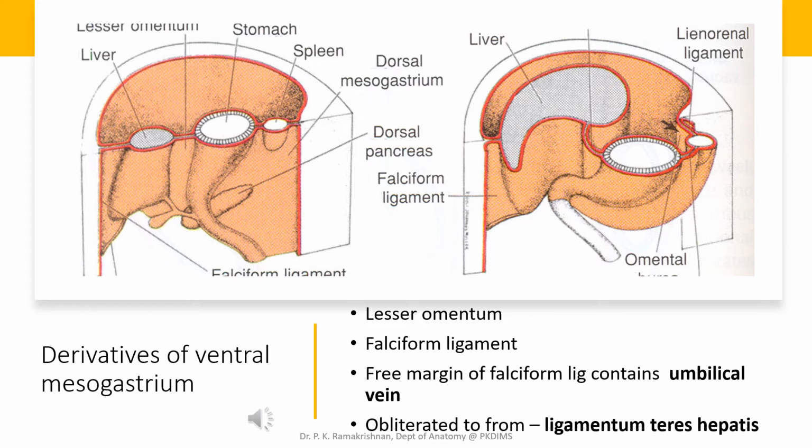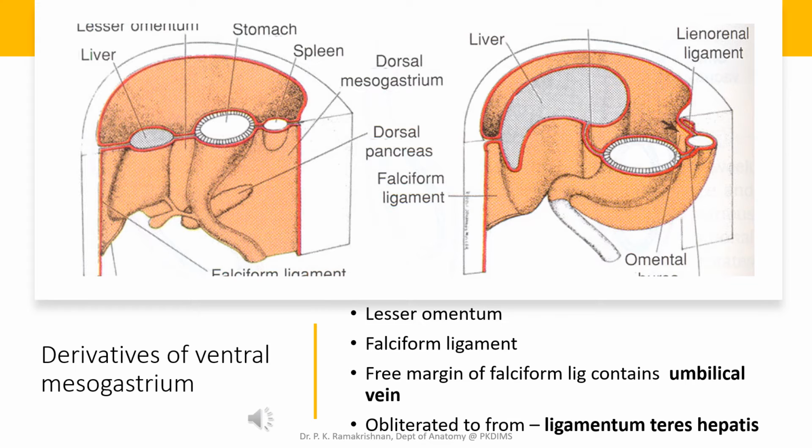As a result of the growth of the liver cords into the septum transversum, the ventral mesogastrium thins rapidly and forms the peritoneal covering of the liver. It also forms two other important structures which we have already seen, the falciform ligament and the lesser omentum.